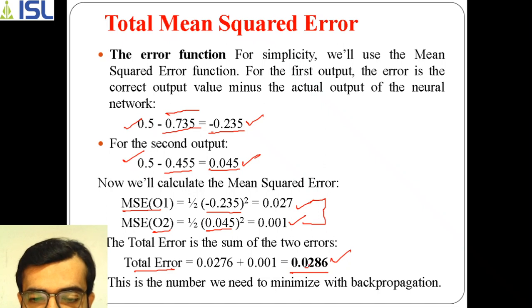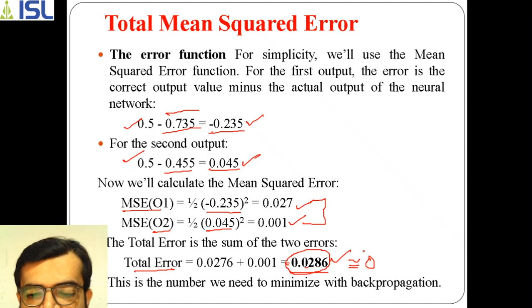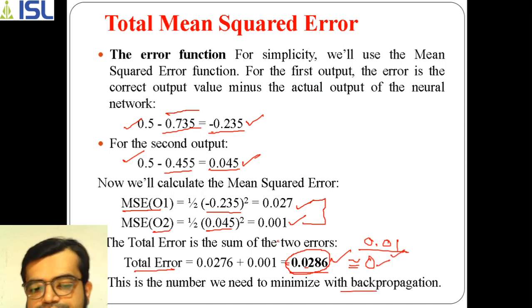So what we have to do is minimize this value till approximately 0, something like 0.01. To reduce this value, you have to perform the backpropagation process until it reaches these values. That is our intention.